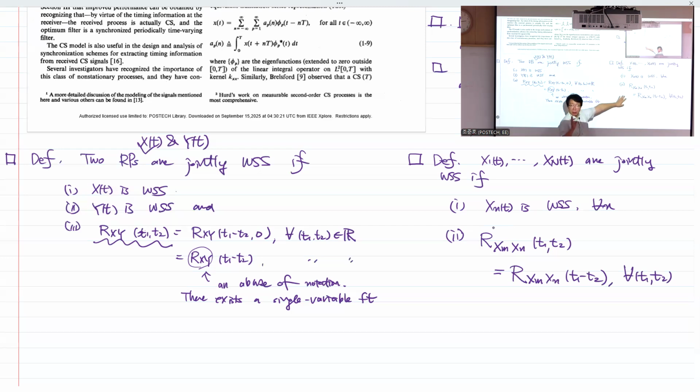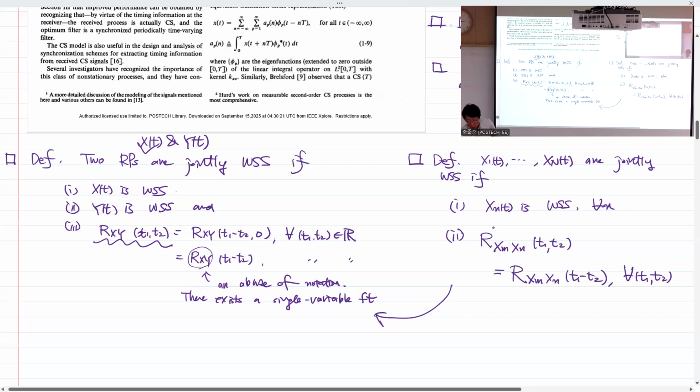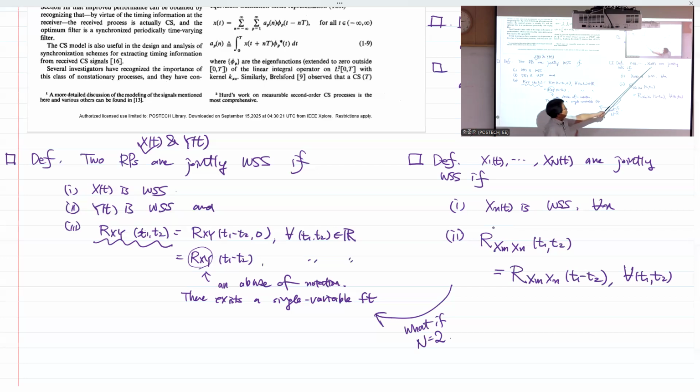So for capital N equals 2, let's see whether this definition simplifies to that one. Here, if capital N is 2, then the first one means that x1 of t is wide-sense stationary, and x2 of t is wide-sense stationary. You may say that x1 is x, x2 is y, right? Then this part is covered.